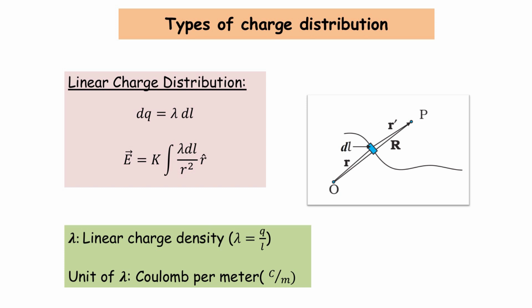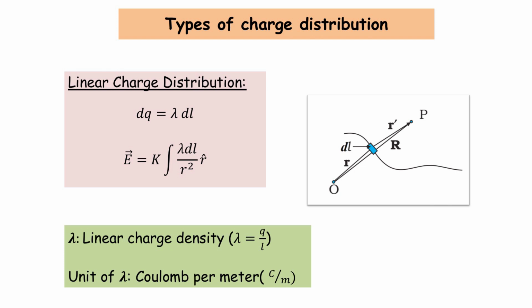When we take a small element dl, the small charge dq is equal to lambda into dl. So, the total electric field E is equal to, we know, k q upon r square. So, q is lambda into dl. Here, because we are calculating the total electric field, we will take integration.